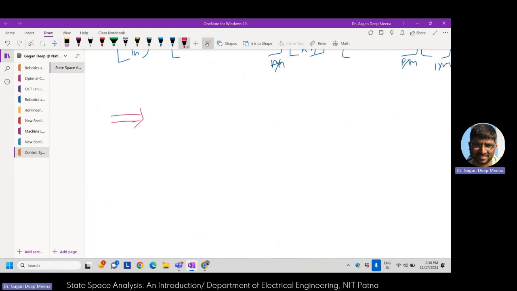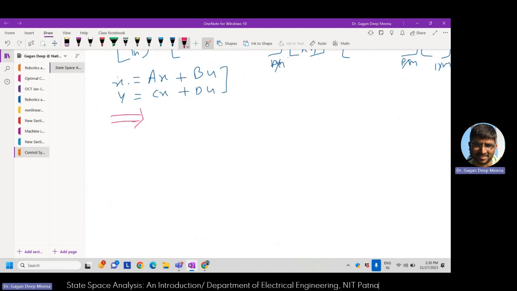Let me first write the equation, so it will be easy to figure out how to write the block diagram. So x dot is equals to ax plus bu, and y is equals to cx plus du. This set of equations should be represented by the block diagram.